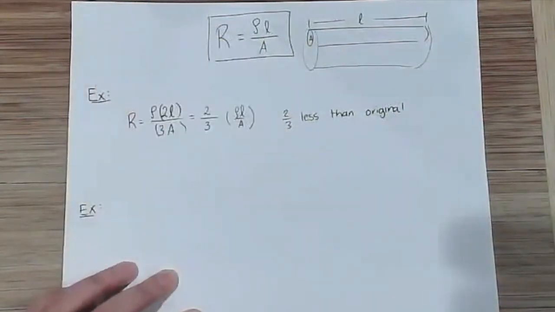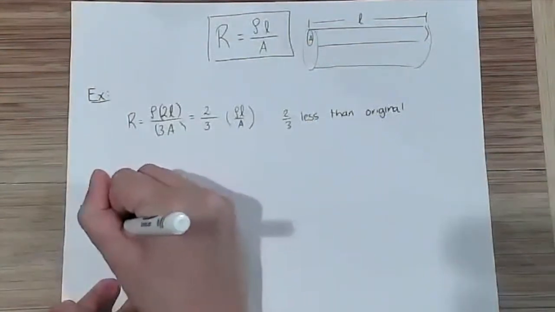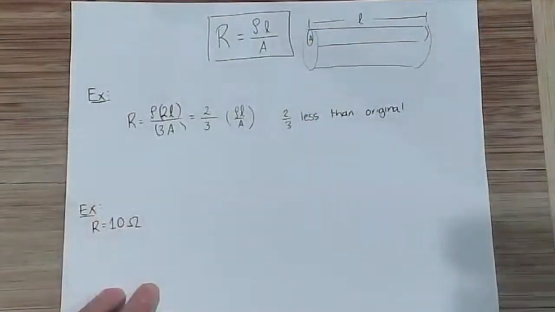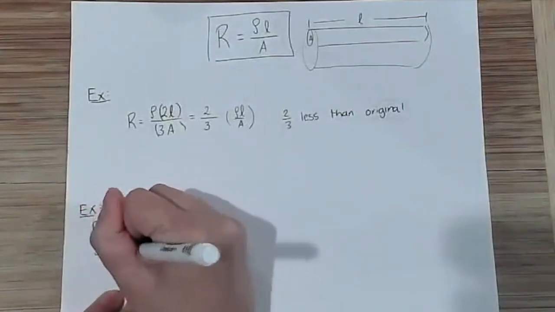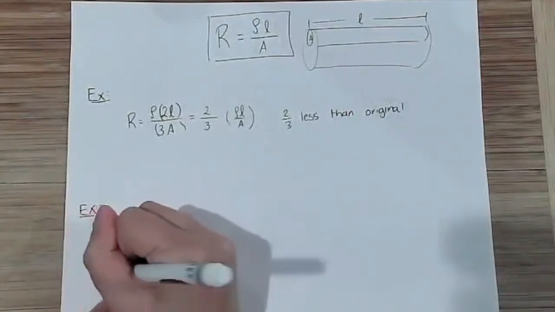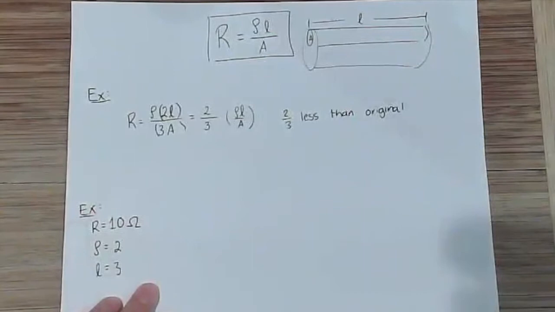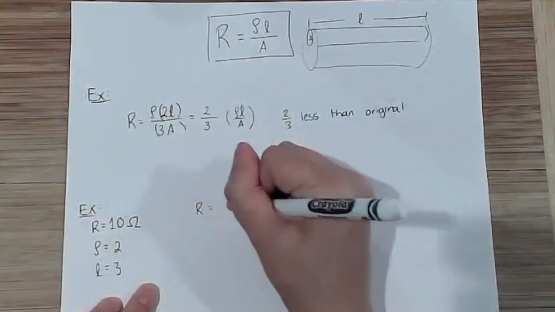Now let's step it up a notch. Let's say I know the original wire has a resistance of 10. Let's say the resistivity of the material is twice as big. And let's say the length is 3 times as long. Making those changes would increase the resistance.